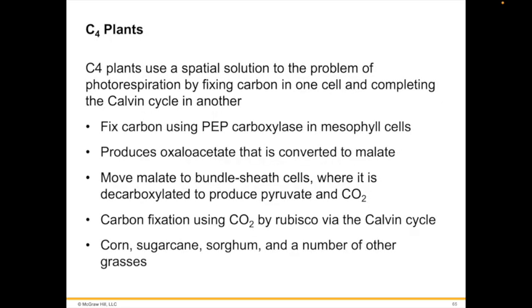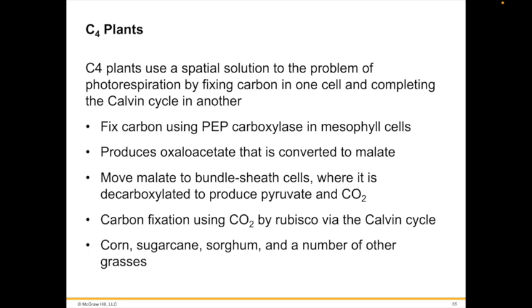The C4 plants include corn, sugarcane, sorghum, and a number of other grasses. These plants initially fix carbon using PEP carboxylase in mesophyll cells. This reaction produces the organic acid oxaloacetate, which is converted to malate and transported to bundle sheath cells that surround leaf veins.